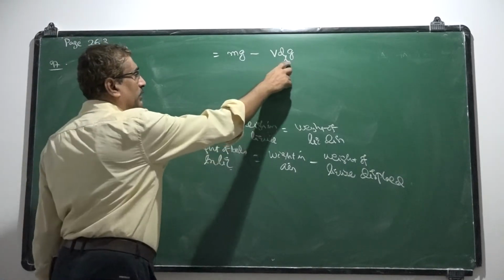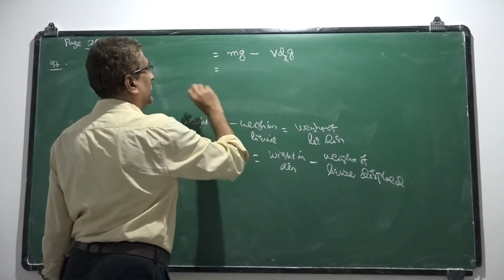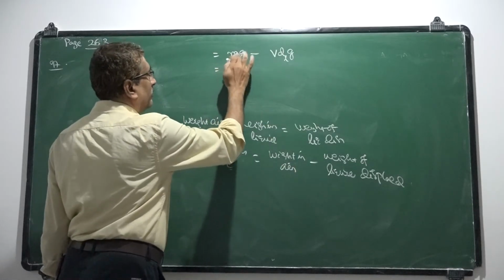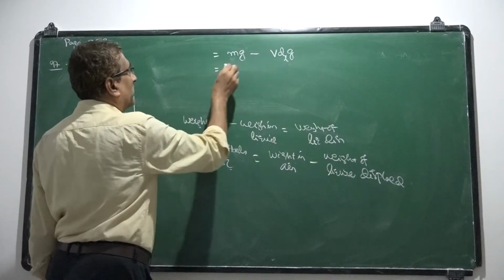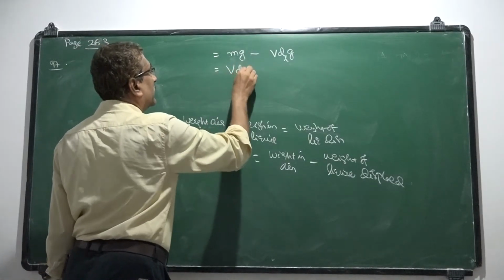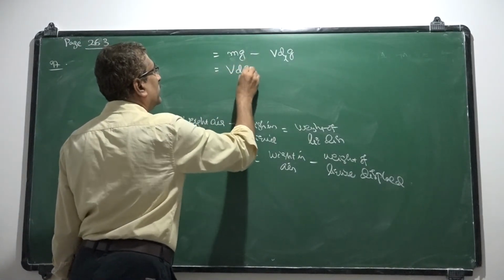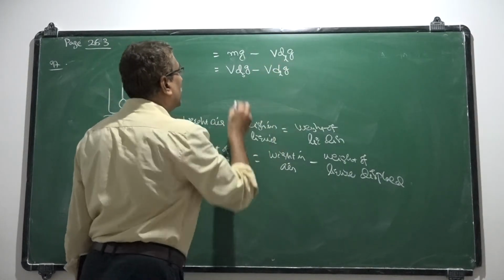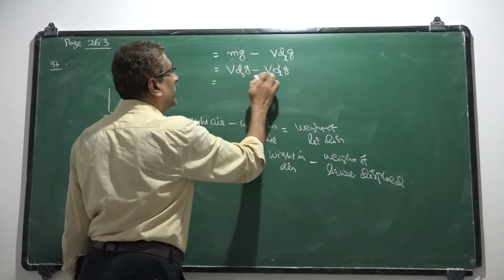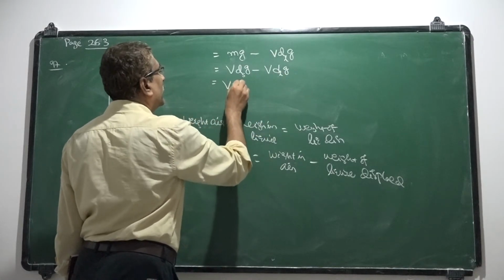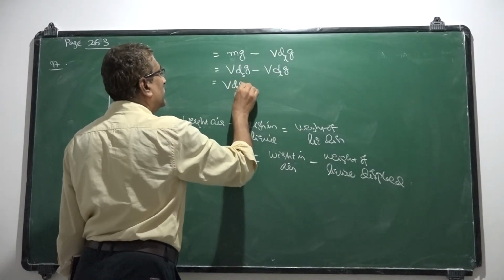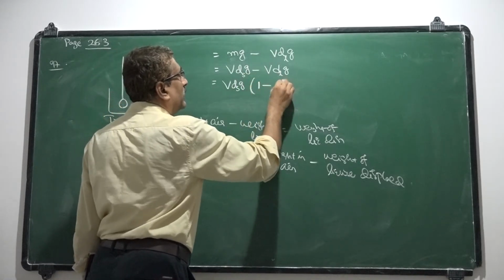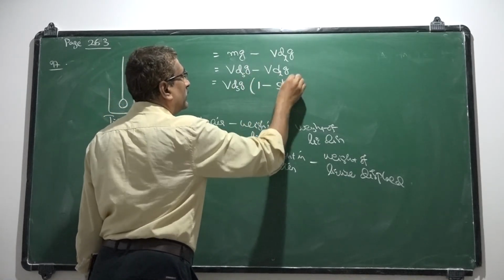The weight of this solid body is v density of the solid body into g, minus v density of the liquid into g. So taking v ds g common, we can write 1 minus dl by ds.